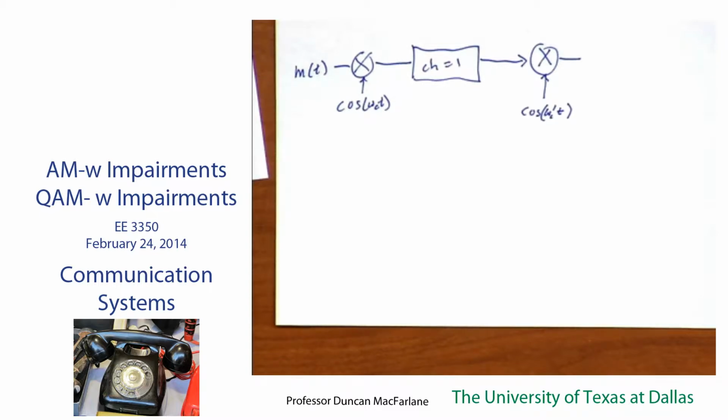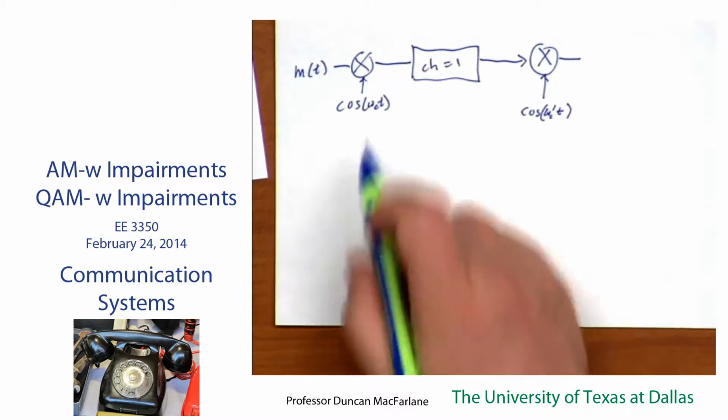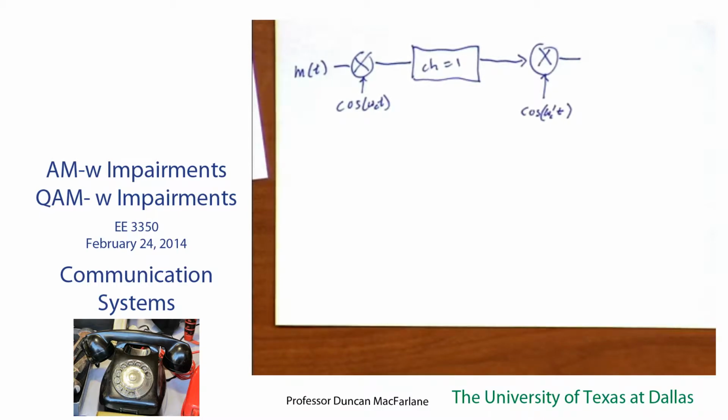And by the way, if you decide that your carrier is going to be 101,000 hertz, 101 kilohertz, for example, and you go out and specify an oscillator for that, the company's going to ask you for an error associated with that. You can't just get away with saying 101,000, because there's always going to be some issue of match.